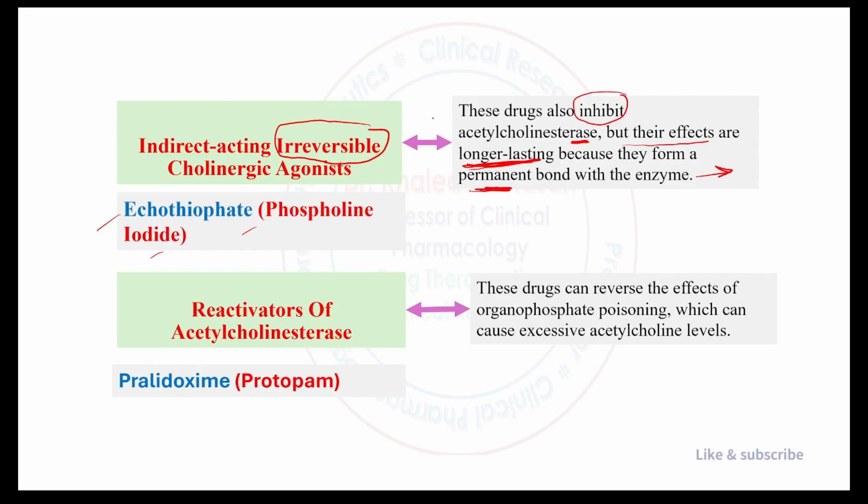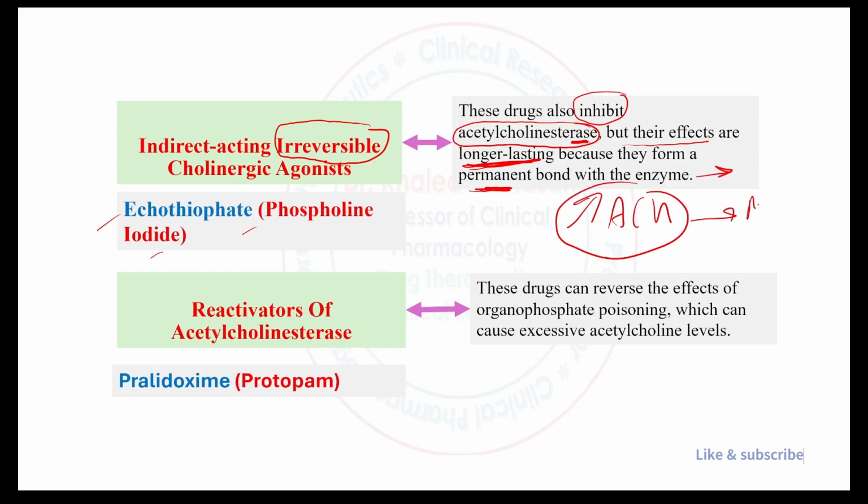So we call this one irreversible. So this group of medication, echothiophate, is considered an indirect irreversible cholinergic agonist by inhibiting this enzyme irreversibly, and this will lead to the increased level of acetylcholine and cause overstimulation of all the receptors.